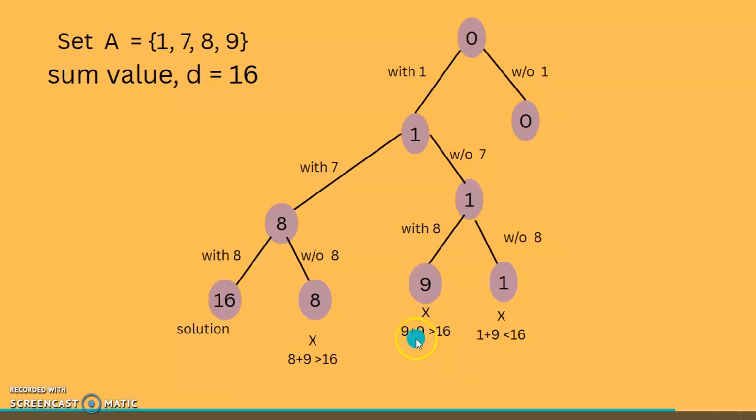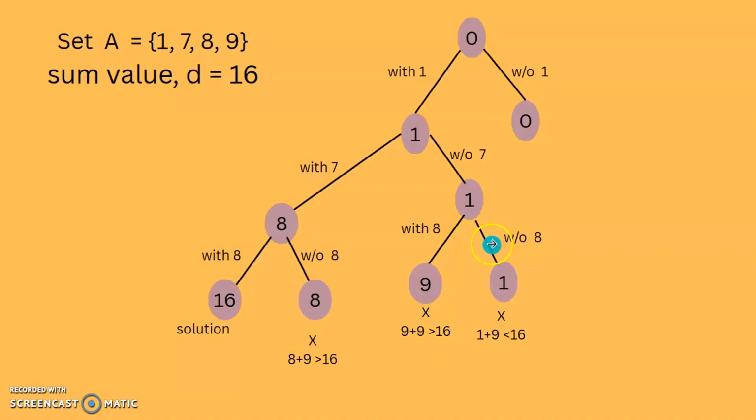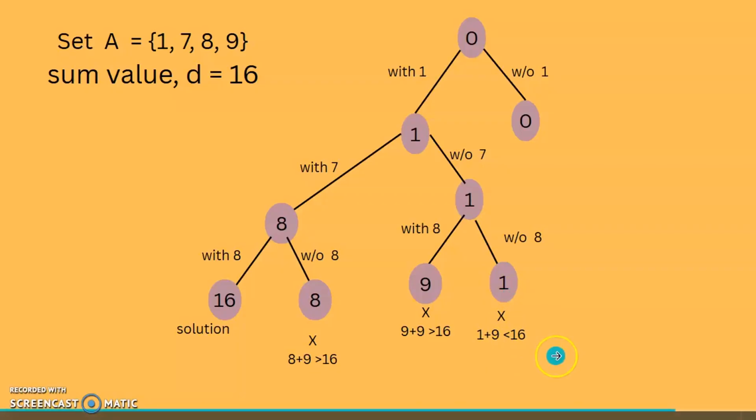So that is why this node is a dead node. Here also the sum value 1 will be carried over as it is, because this is without 8. But if you add the fourth element, 1 plus 9, the result will be less than 16. Without 9 means the same sum value will be carried over here also. That is why this node is also a dead node.